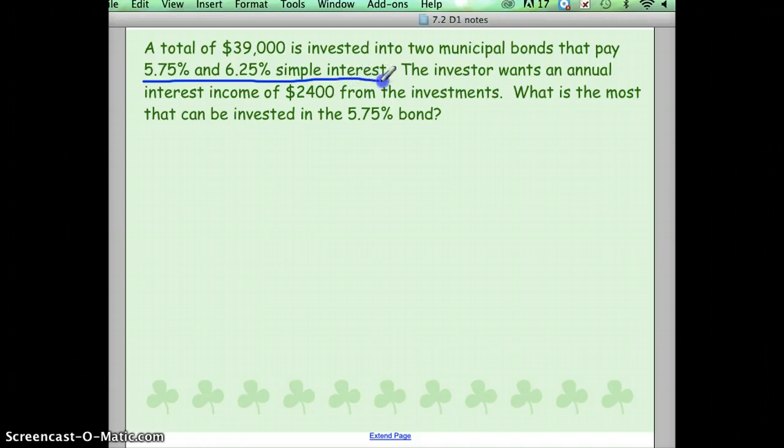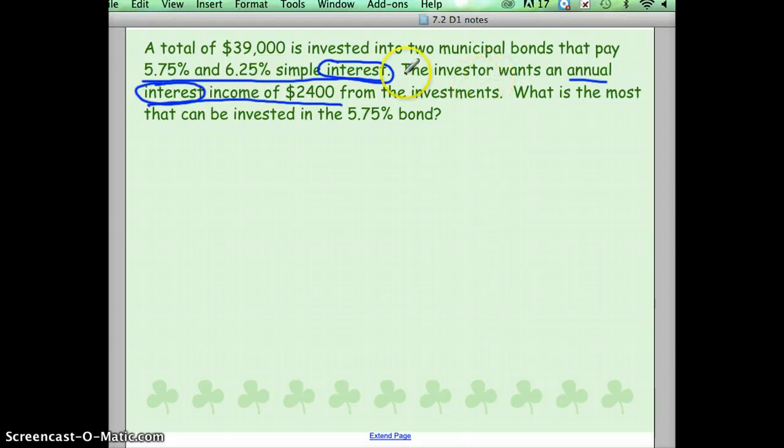Okay, that's interest. And the other thing that's interest is that you want an annual interest income. So all of this stuff deals with interest.